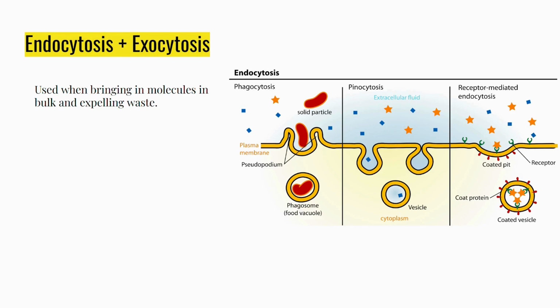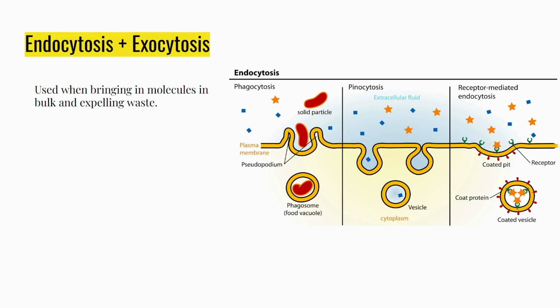You can see that it actually makes a little vesicle, where it literally makes a little pocket of whatever it wants to bring in or scooch out, and it conforms around it, and then it goes through the membrane. So we have endocytosis, which means it's bringing stuff into the cell. Then there's exocytosis, which would be the opposite, where you bring stuff out from the inside to the outside.